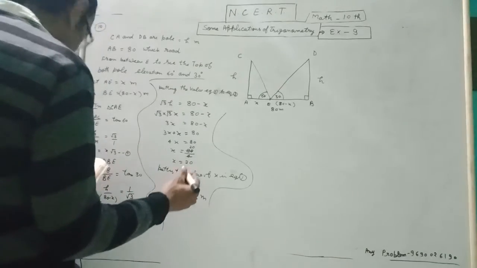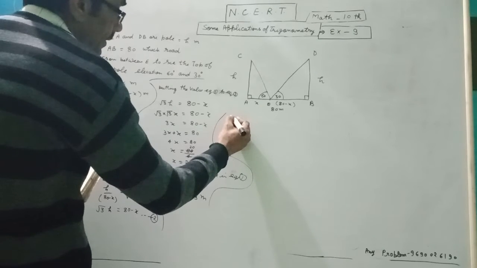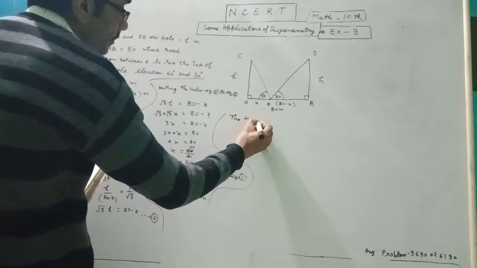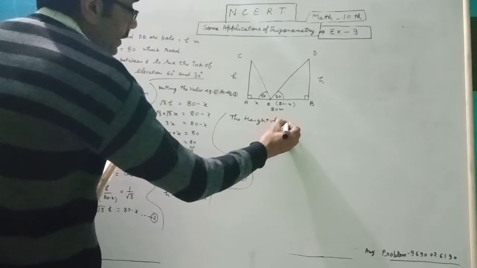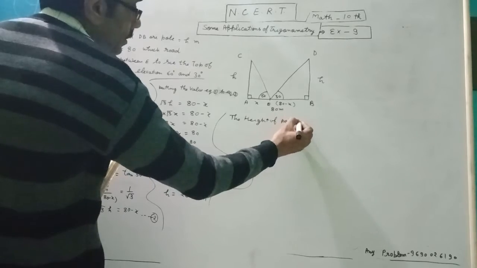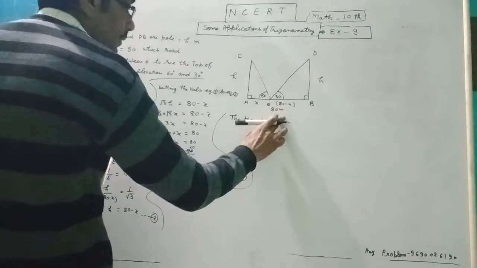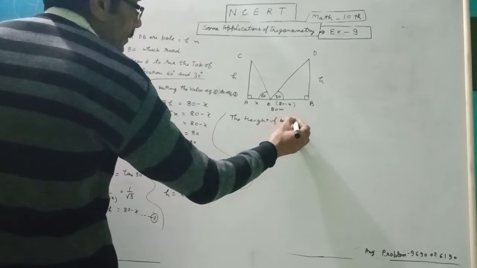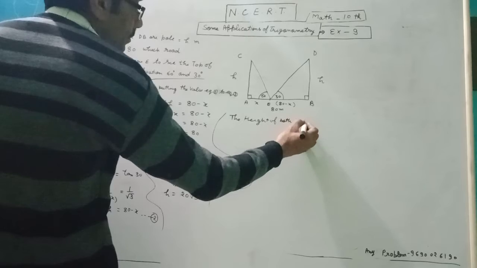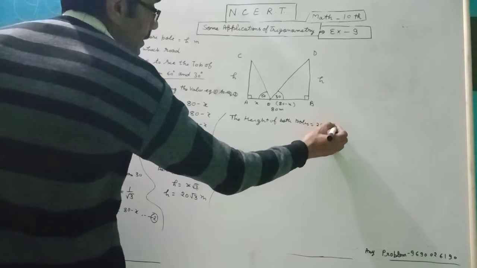The height of both poles is equal to 20 under root 3 meter.